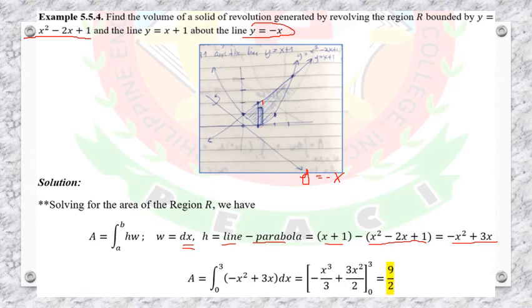So we get negative x squared plus 3x. Substitute this in the formula, replacing h by negative x squared plus 3x and w by dx. We evaluate this from 0 to 3, because these are the points included in the bounded region. You base this on x because the rectangle is a vertical rectangle. So this is from 0 up to 3. So we get 9 over 2 as our area.